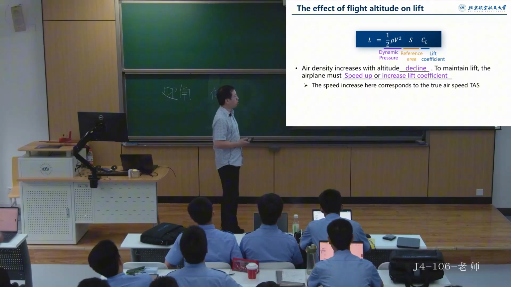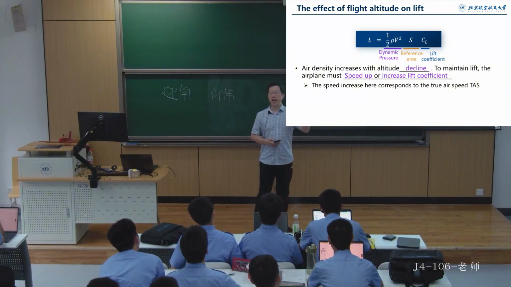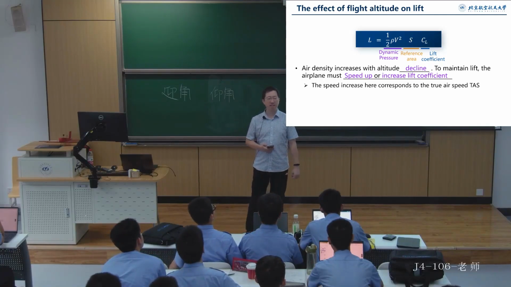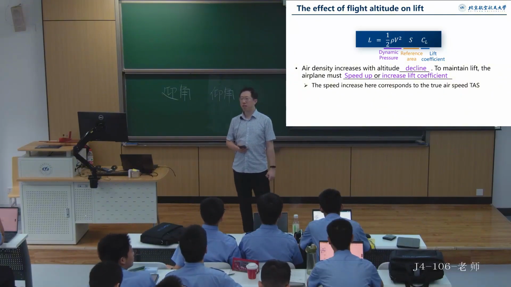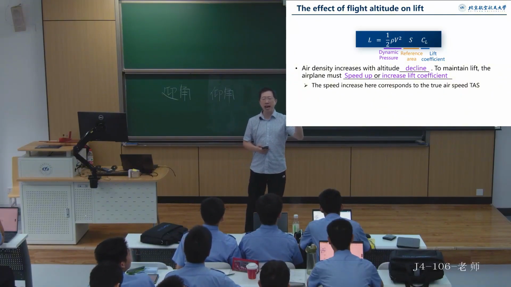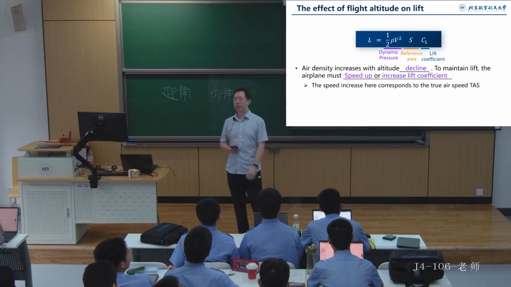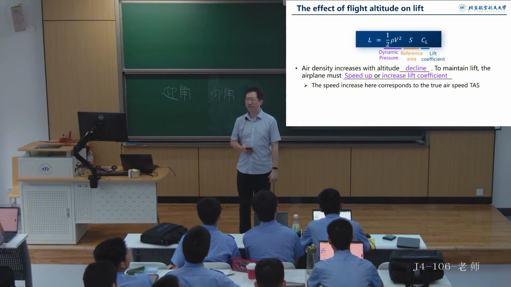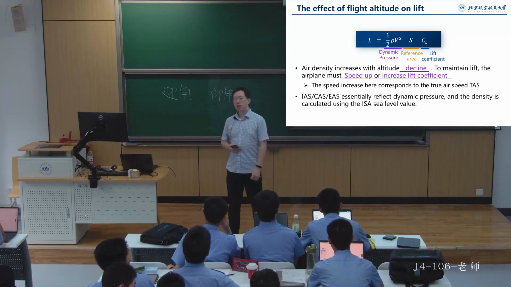From a strict perspective, what does it reflect? Which quantity is it? When the indicated airspeed is the same, what quantity remains consistent during the flight process? Right!